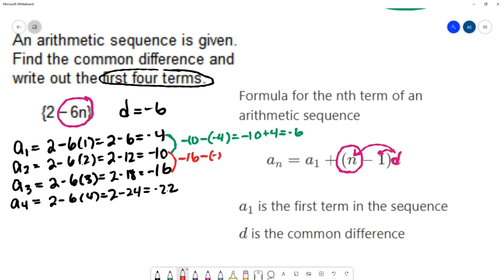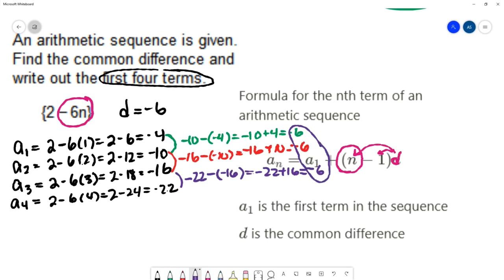Negative 16 minus negative 10 is negative 16 plus 10, and that's negative 6. And the next pair: negative 22 minus negative 16 is negative 22 plus 16, and that's negative 6. So you can see that every pair of successive terms has the same common difference of negative 6. So this is another way to identify that the common difference is negative 6.